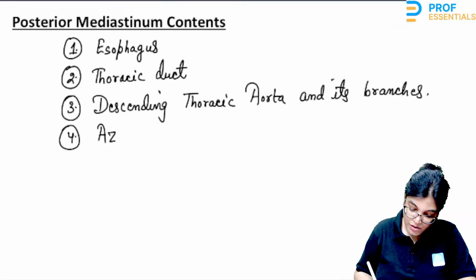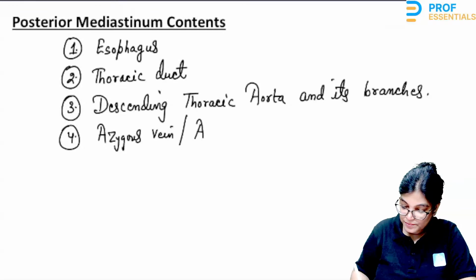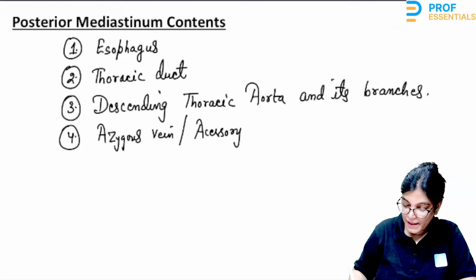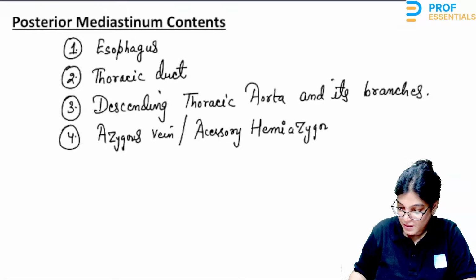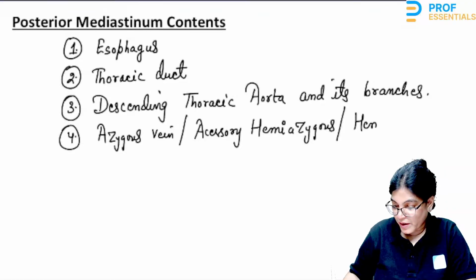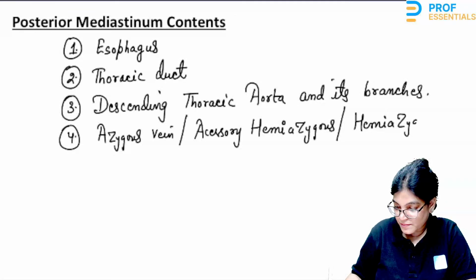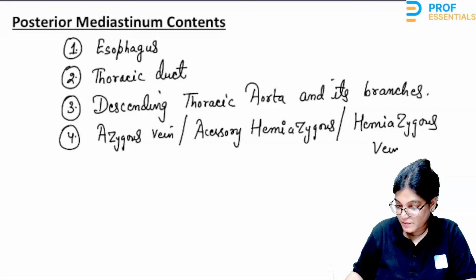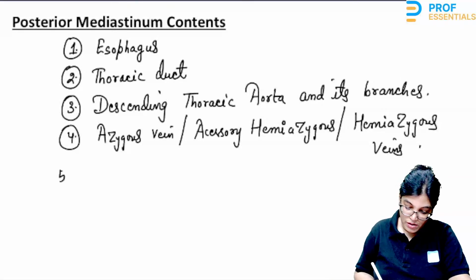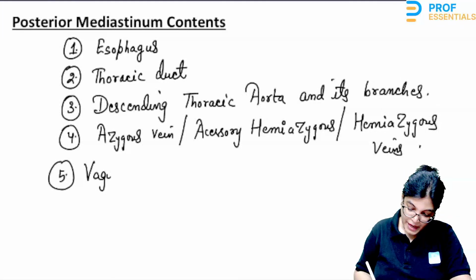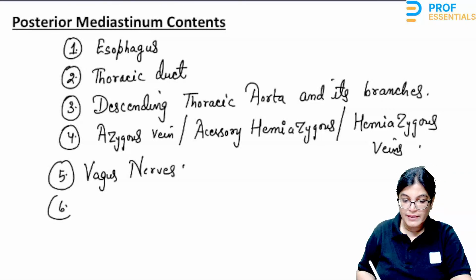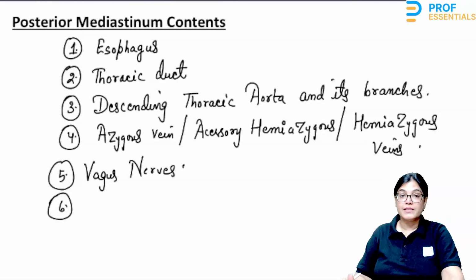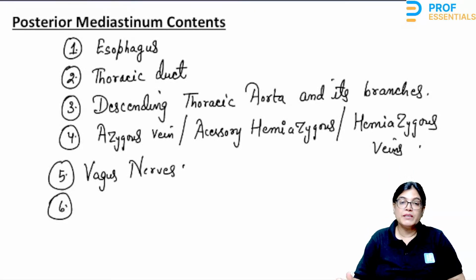So it will have all these azygous system of veins as the content. It will also have the vagus nerves as the content, both vagus nerves. It will have the sympathetic trunk and the splanchnic nerves as the content, and the posterior mediastinal lymph nodes.